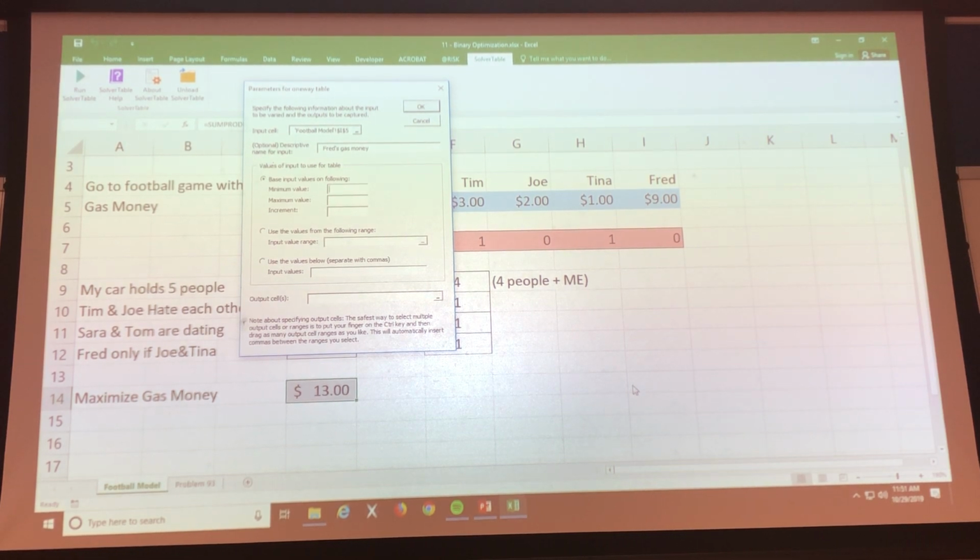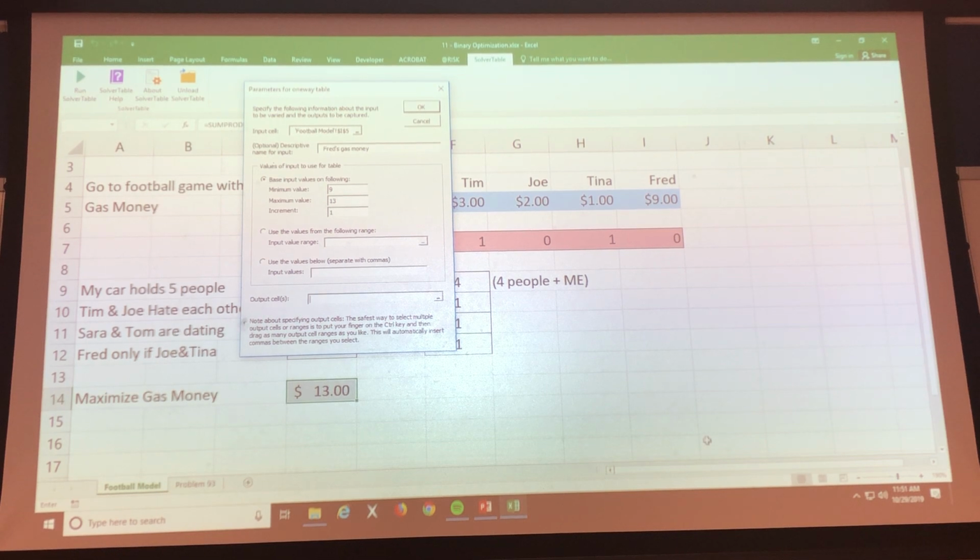Where would we start? 9. Yeah. And we go up to 13. That's good enough. In increments of $1, we don't want them bringing us change. We can go from 9 to 13 in increments of $1.